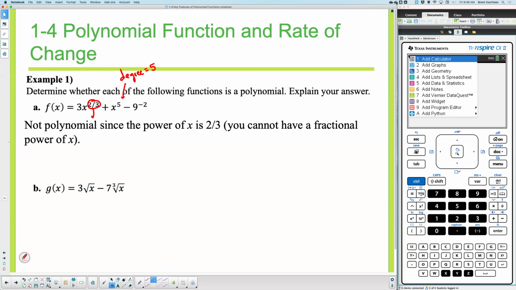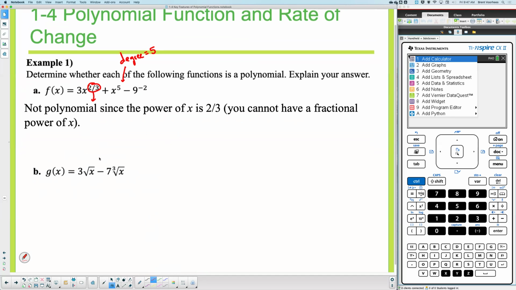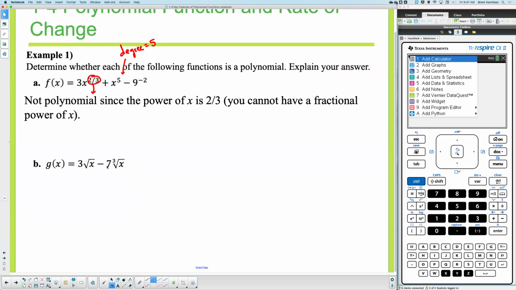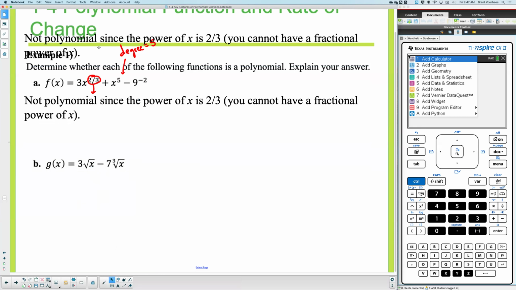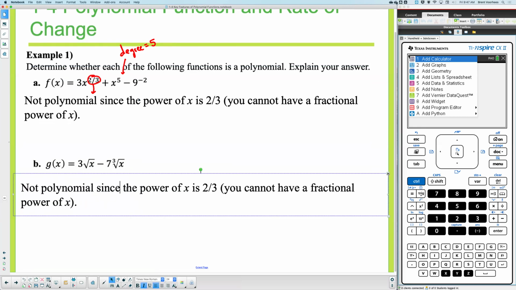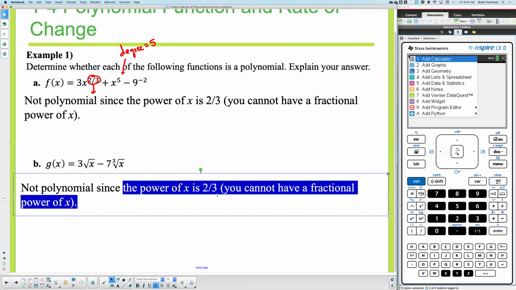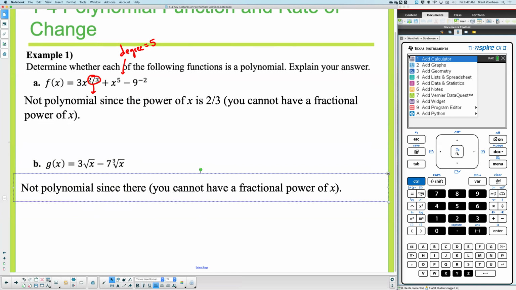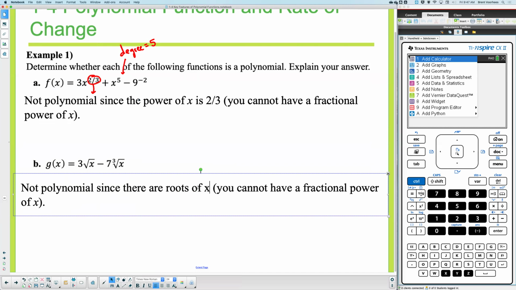Okay, let's look at the next one. What do you think this time? Will this be polynomial or not polynomial? Very good. Why is that the case? It has a root. You cannot have a root of x. Again, you can have a root of a number, but not of x. So not polynomial. I'm going to copy this down and just change it. It's not polynomial since there is a root, since there are roots of x.